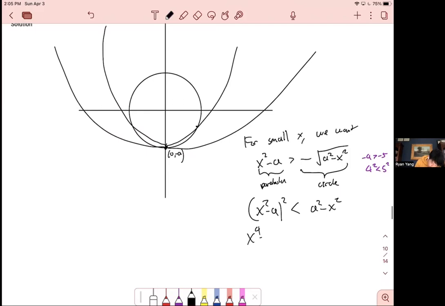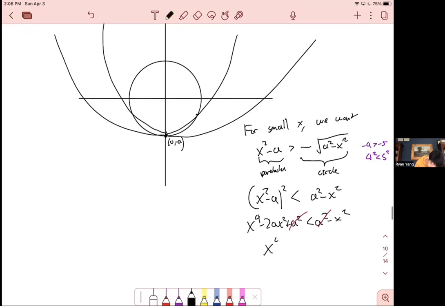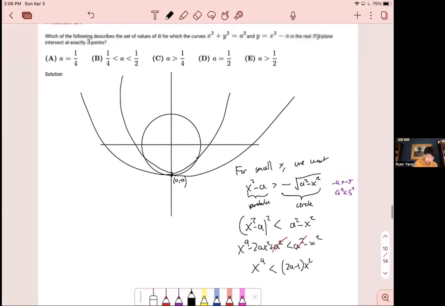We expand: x to the 4th minus 2ax squared plus a squared is less than a squared minus x squared. We go wapow and rearrange. So we want this to be true for small x. And it was actually really nice that this is symmetric for x and negative x.